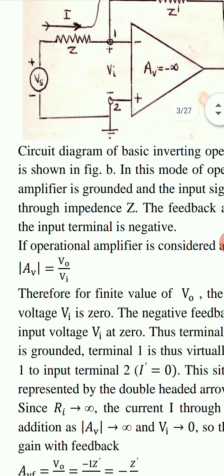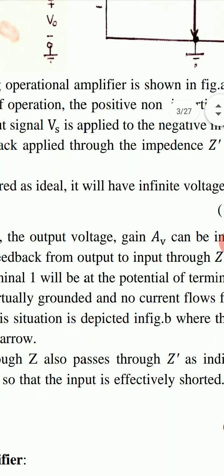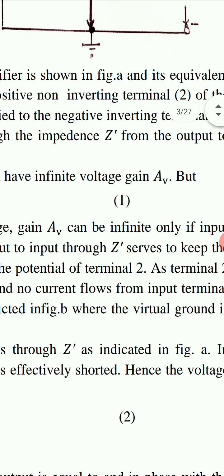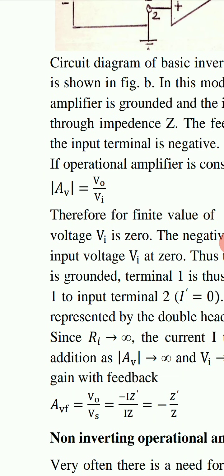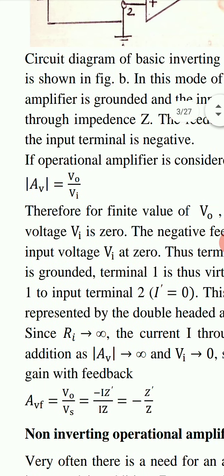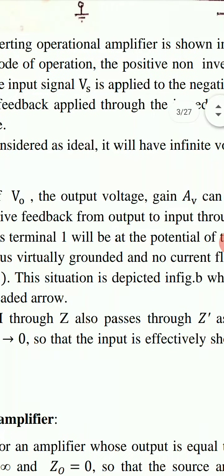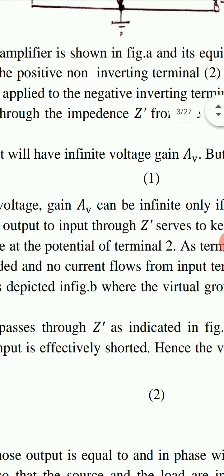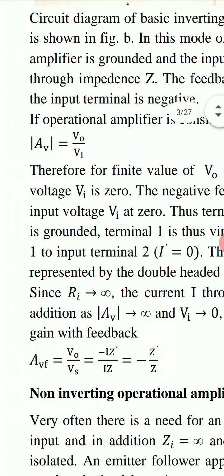If operational amplifier is considered as ideal, it will have infinite voltage gain AV, but AV is equal to VO upon Vi, output voltage upon input voltage. Therefore, for finite value of VO, the voltage gain AV can be infinite only if the input voltage Vi is 0.